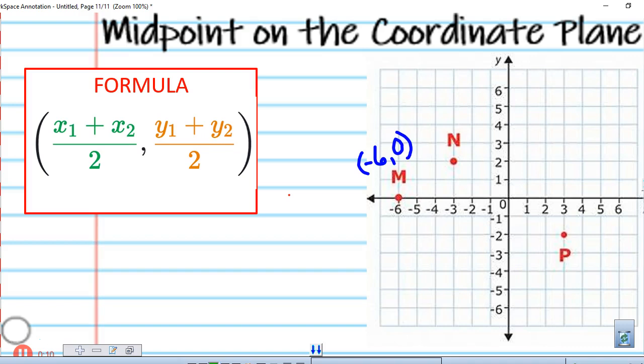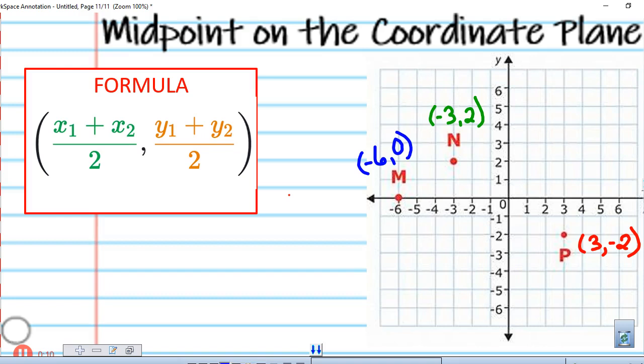The ordered pair for N, the x value is at -3, the y value is at 2. So the ordered pair is -3, 2. And then our ordered pair for point P, the x value is at 3, and the y value is at -2. Okay, so you need to know your ordered pairs for your points in order to find the midpoint.